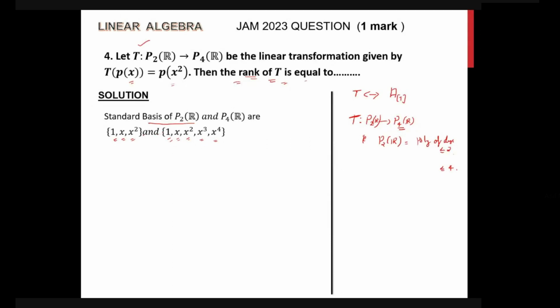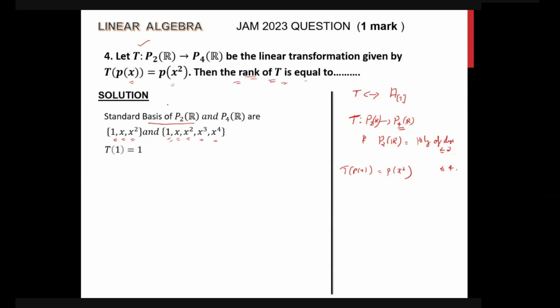Now we will determine where each basis element maps, and we will find the matrix representation. So what is T of 1? T of p(x) is p(x square). So T of 1 is 1 itself, because here the polynomial is a constant.